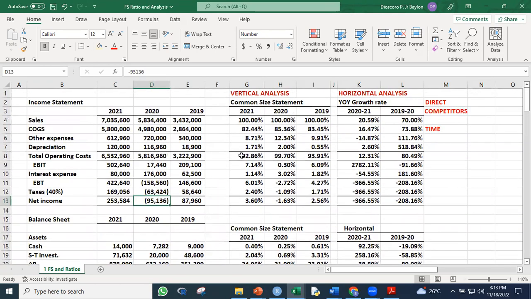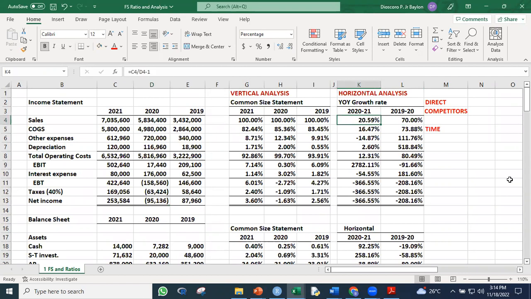Okay. Now, when we assess whether a company's performance is good, okay, we cannot just answer that by looking at one number like this. Okay, for example, you can say here that the company is performing well because in 2020, sales increased by 70%, and then sales increased by 21%.